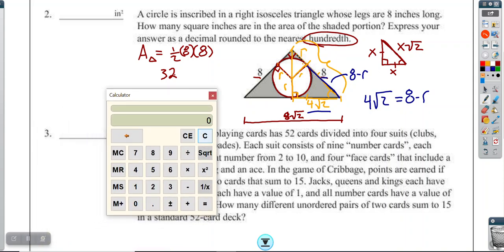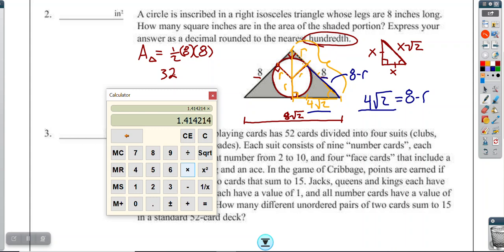And so I need to turn this into decimals. And remember, the answer needs to be rounded to the nearest hundredth. I really, really have to keep all the decimals I possibly can. So I want at least 4, maybe 5 decimals carrying through. So here we go. I need to turn 4 root 2 into a decimal, so I'm going to do 2, find the square root.